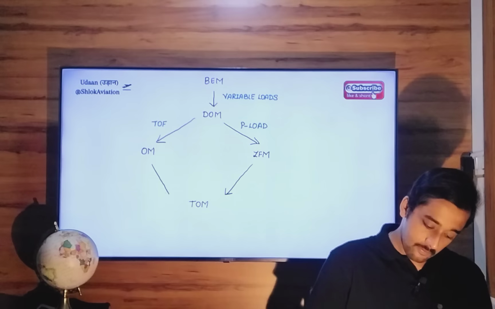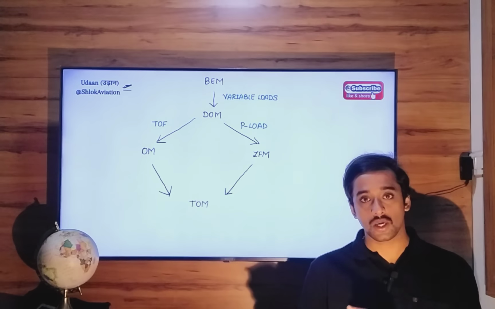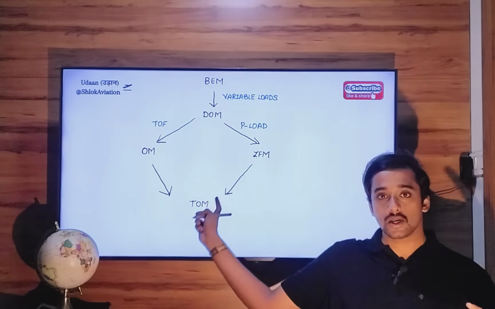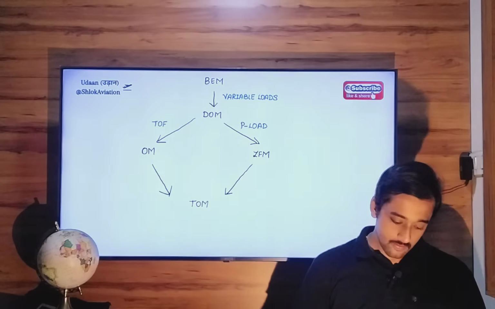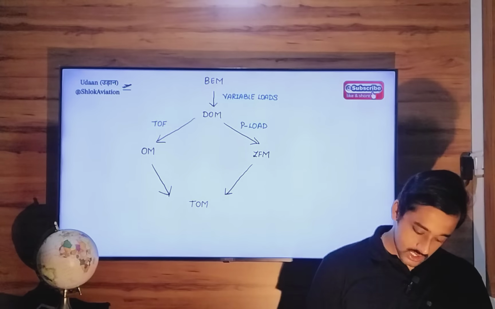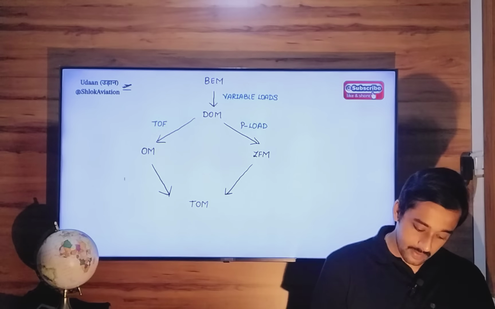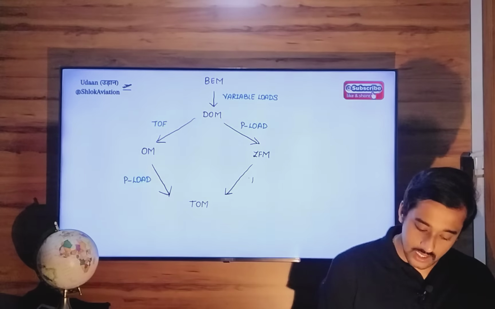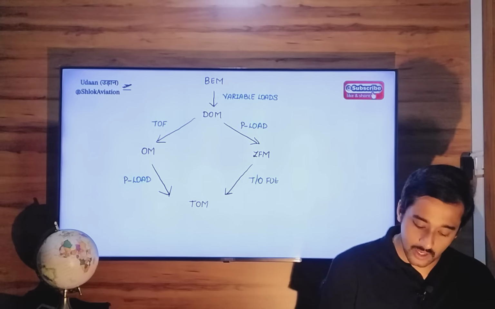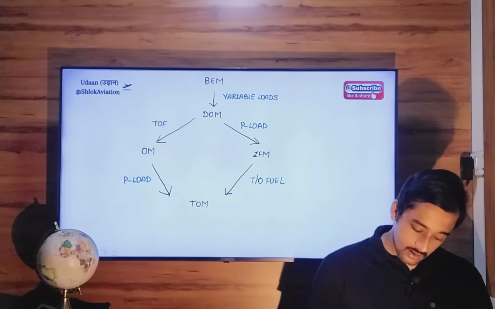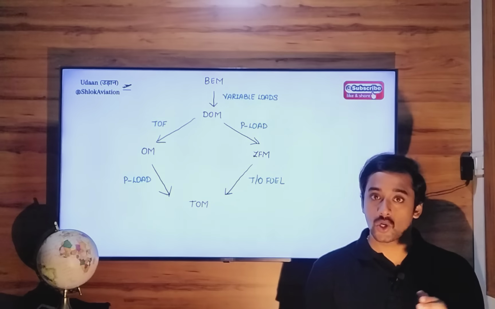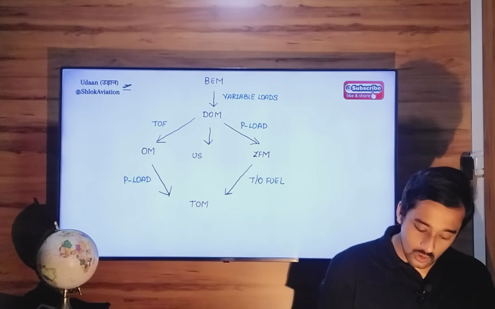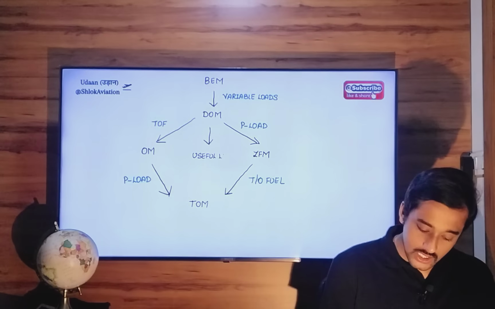Operating mass plus payload can also give you takeoff mass. So there are two ways to get takeoff mass. Follow this route or follow the second route. Operating mass plus payload is going to be your takeoff mass. Zero fuel mass plus takeoff fuel is also going to be your takeoff mass. And the third way to get takeoff mass is with the help of DOM, that is dry operating mass, plus useful load.